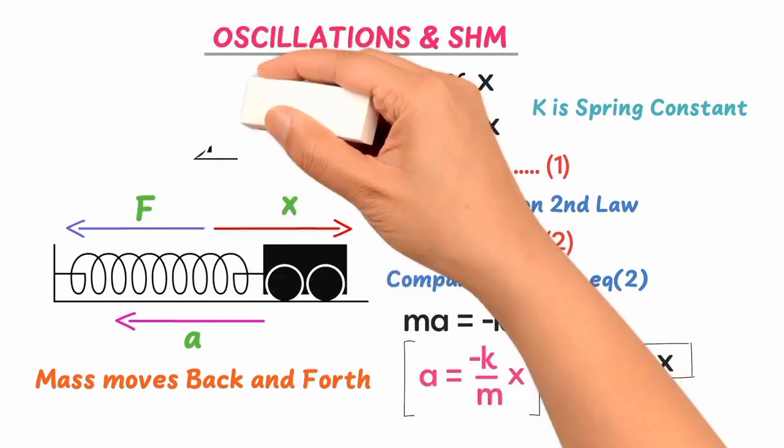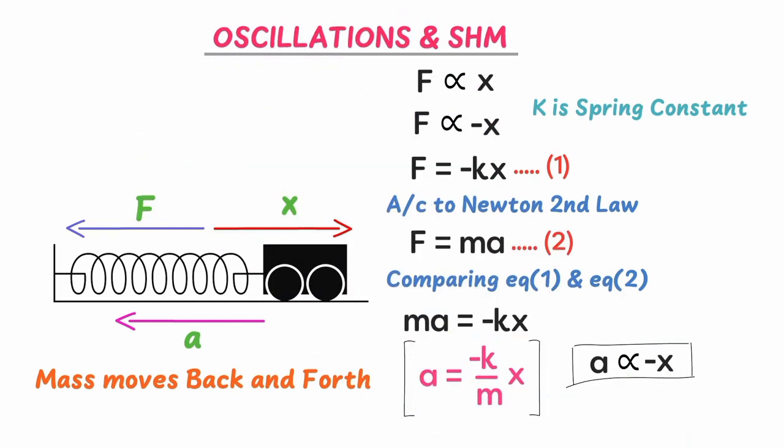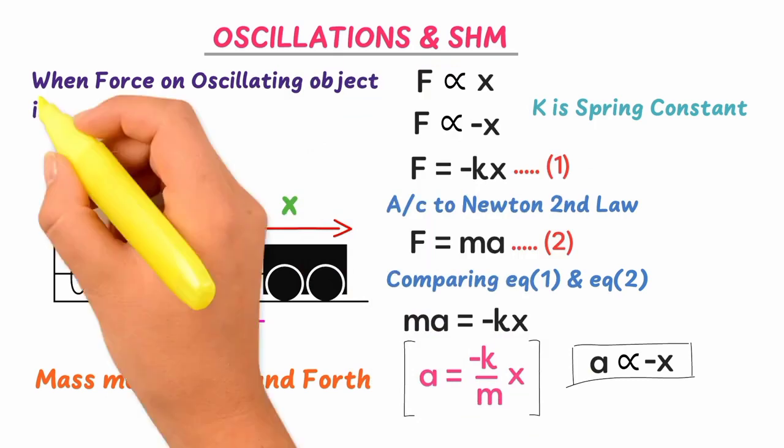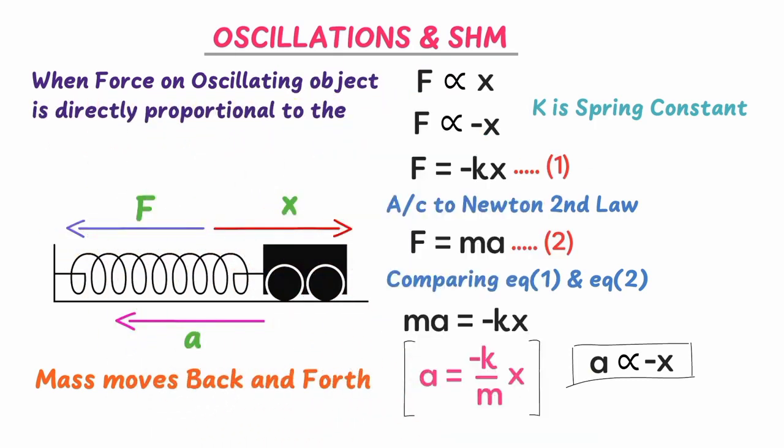Hence, we define SHM or simple harmonic motion as when force on an oscillating object is directly proportional to the displacement from its mean position. Let me repeat it. When force on an oscillating object is directly proportional to the displacement from its mean position, it is called SHM.